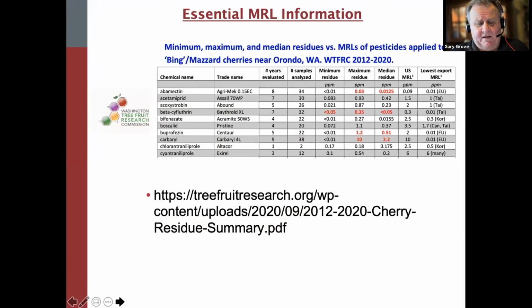Now, in terms of MRLs, I used a couple of sources to get some of the basic information here, but I found 2 really good sources of information, and you will need to dig into this deeper. One is some work that Tori Smith has been doing over the years, and it's posted on the Tree Fruit Research Commission website. A lot of information about minimum residues, maximum residues, medium residue, et cetera, and it really puts these MRLs into a real world perspective in terms of what's happening in our cherry orchards.